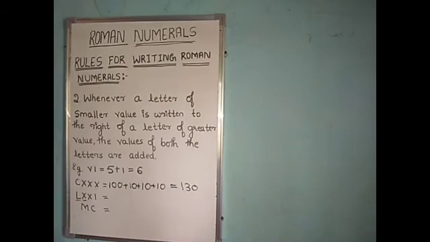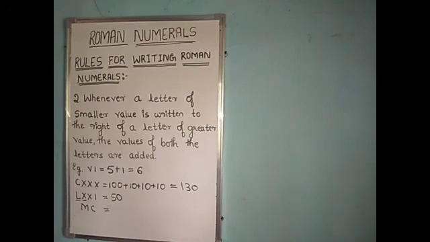What is the numeric value of L? The numeric value of L is 50. What is the numeric value of X? The numeric value of X is 10. Here, how many times is X repeated? 2 times. We know the first rule. What do we have to do?